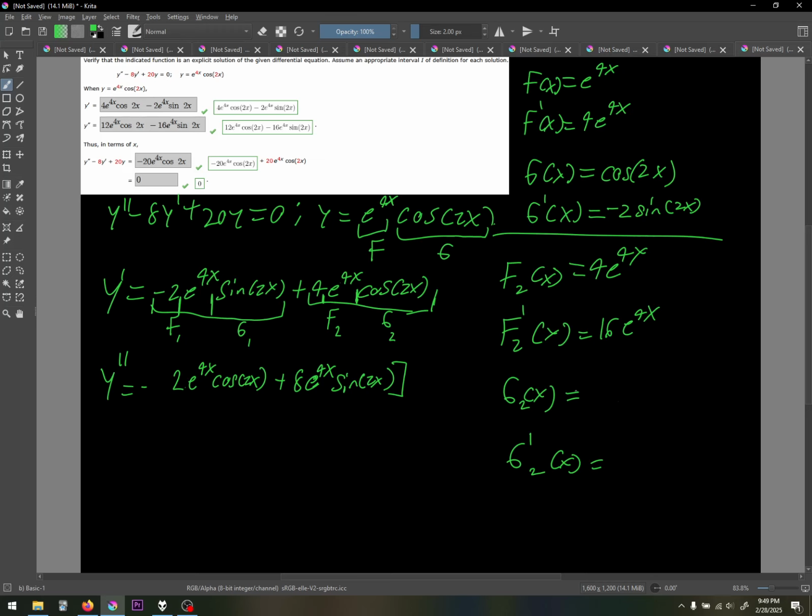And then we're going to have cosine 2x, which right there is going to be negative 2 sine 2x.